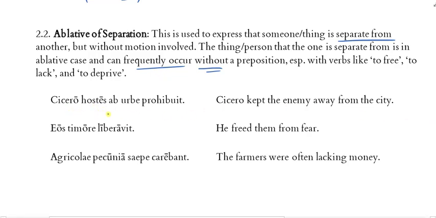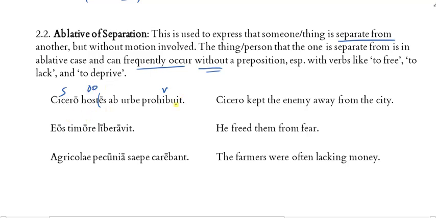Cicero hostes ab urbe prohibuit. Cicero, I always want to say Caesar when I see Cicero. I don't know why. And there's my verb. Cicero kept hostes. That ending could be a nominative or accusative plural in third declension. But here, since Cicero is the subject, this is going to be the direct object.